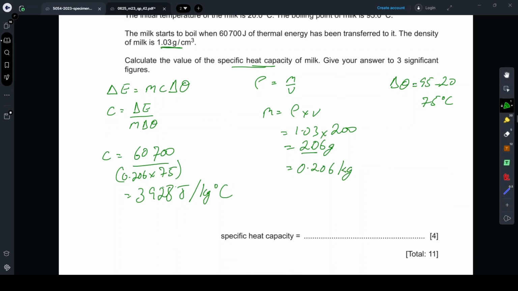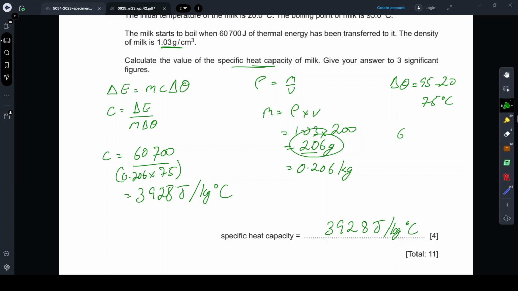Do we have to round it up? No, you do not round this up. It says give your answer to three significant figures. Well, what do we do if we're getting a value that is in four significant figures? We can treat that as a hint, because the only way we can get three significant figures is if we use the gram value.